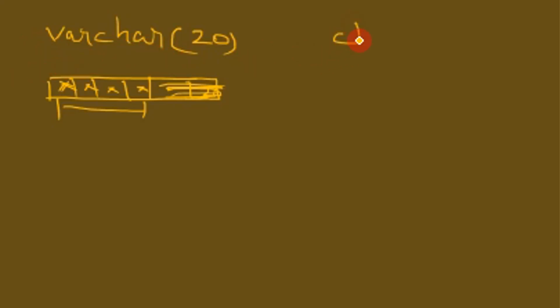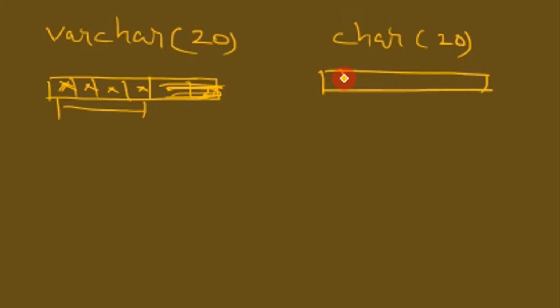But if you consider char of 20, and we store only 3 characters here, the remaining are not released. Char is fixed length, and even if we store only 3, these slots are still reserved for the data type.